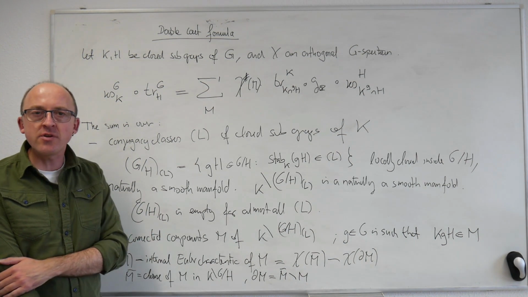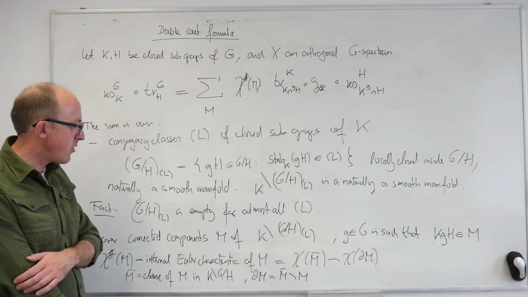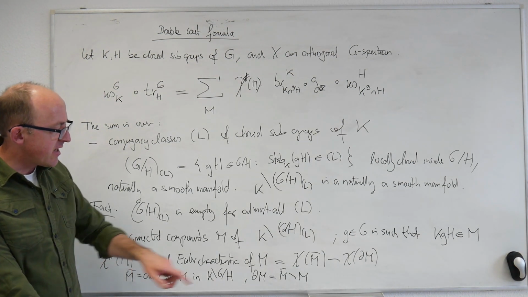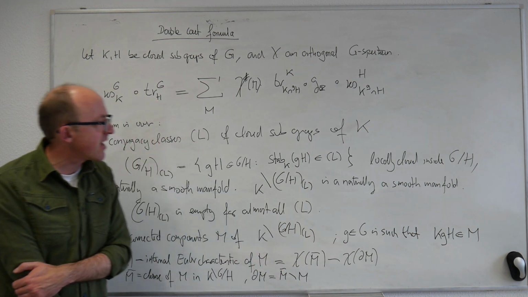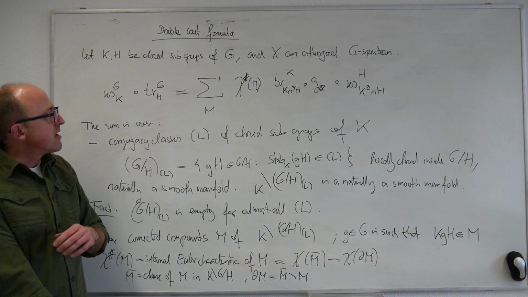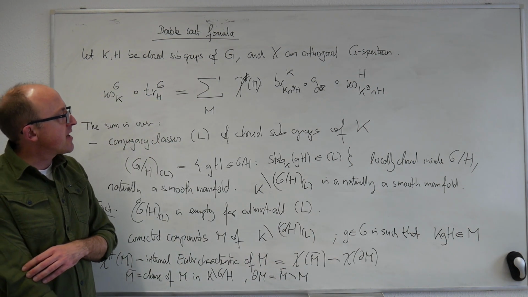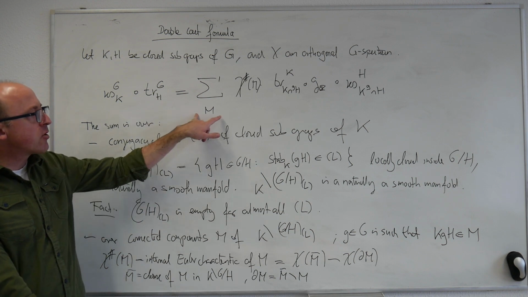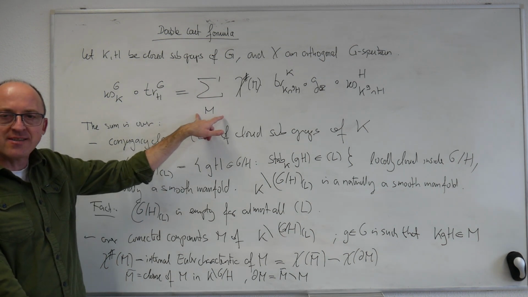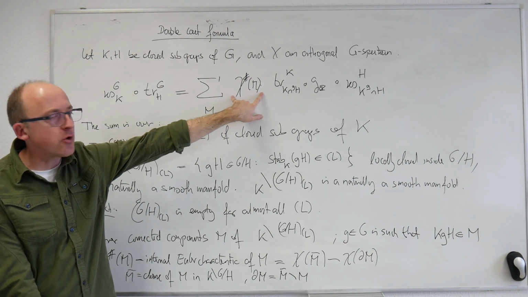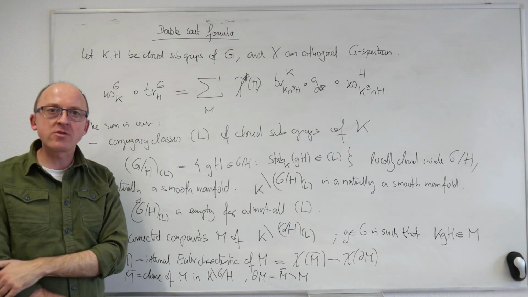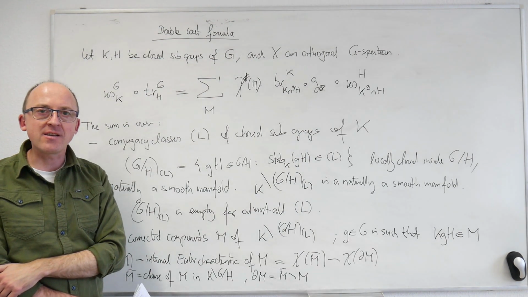Their connected components are all just points, and then the internal Euler characteristic is always 1, because the closure of the point is the point itself and you're not subtracting anything. So in the case where H has finite index in G, we're really summing over the points in the double coset set, so over the double cosets themselves. This coefficient is always 1, and that's how we reduce to the simpler double coset formula in that case.